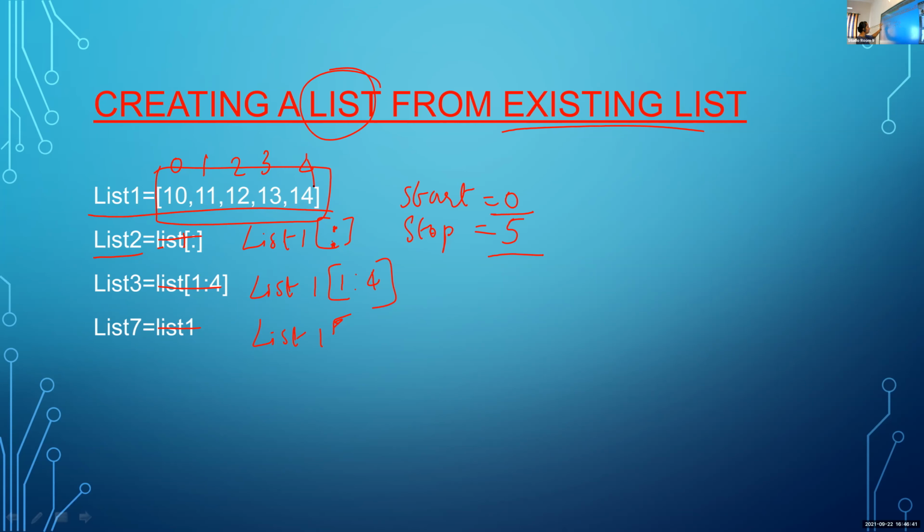We are starting from 0. Then stop value is 5, so the last value 4 is included. 5 is excluded. Here there is no index 5. The last value included is 14. So we create a true copy of list 1 and its name is list 2.